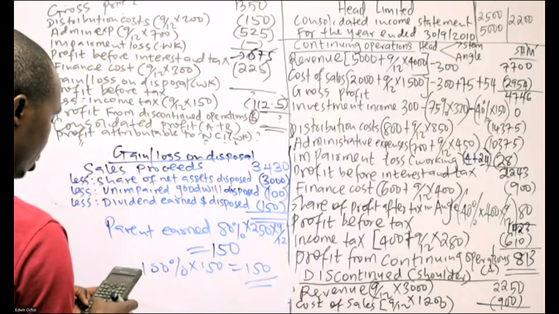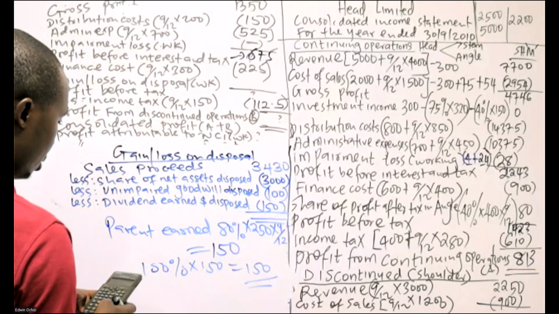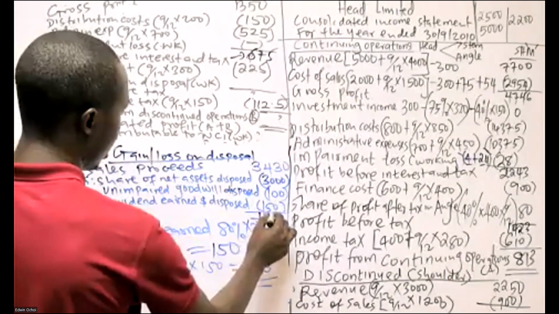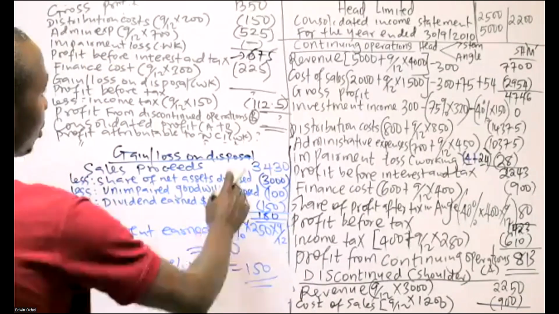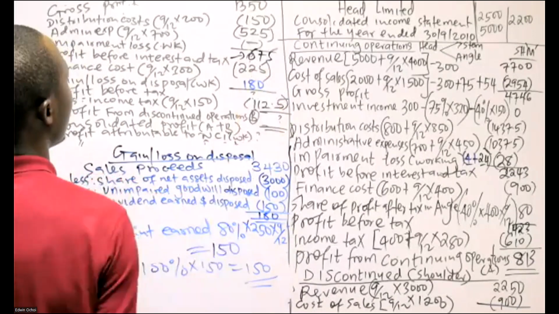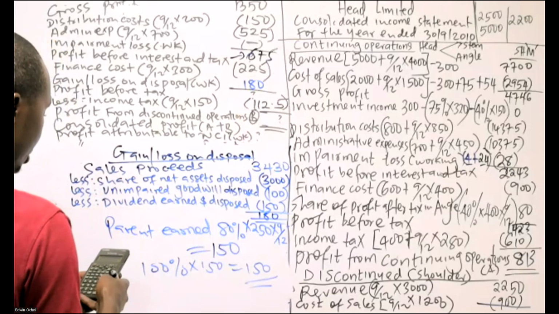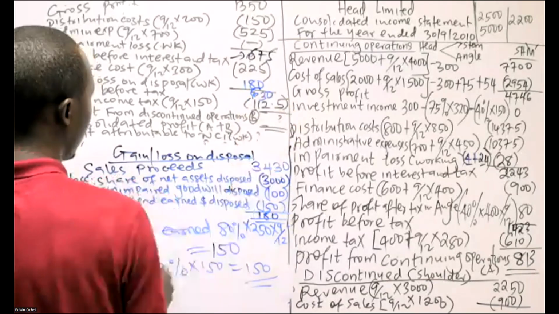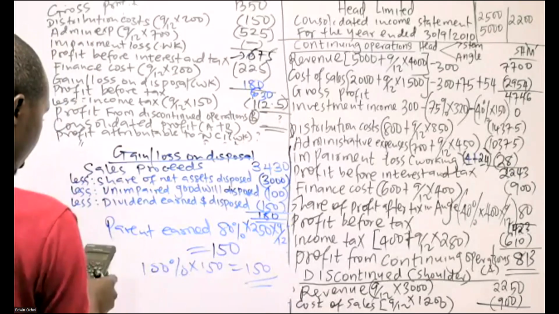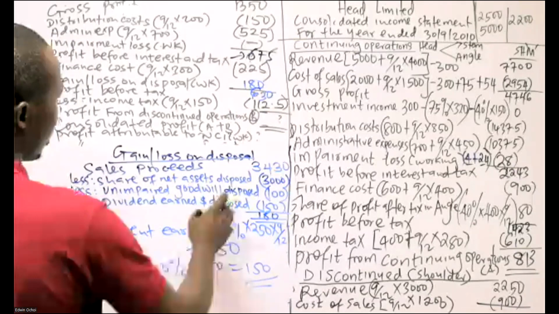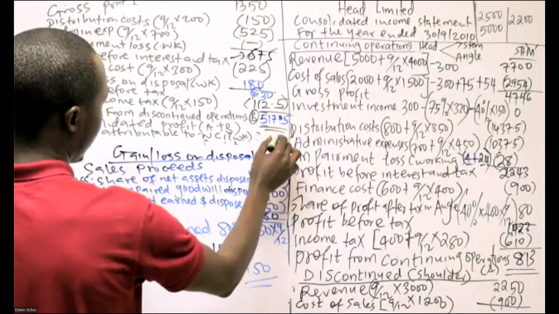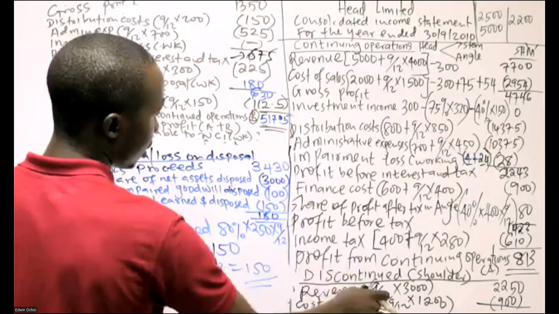So if you do your summation, you get here 180. So meaning that this is 675 minus 225 plus 180. This is 630 minus 112.5. So this is 517.5. So A is 813.